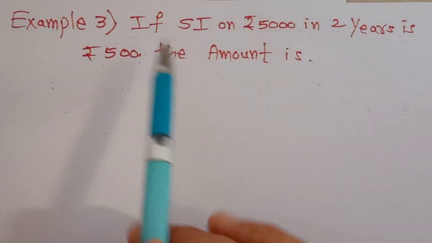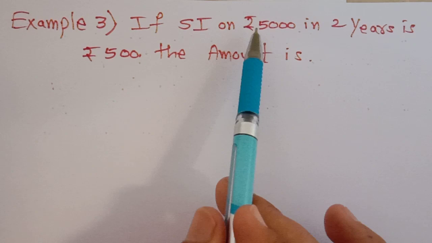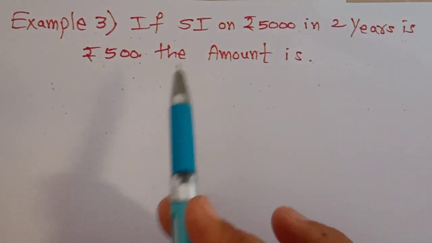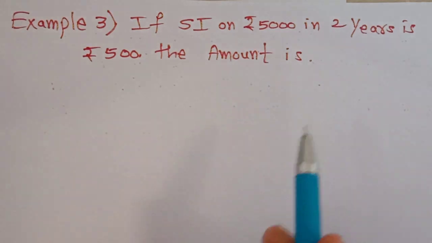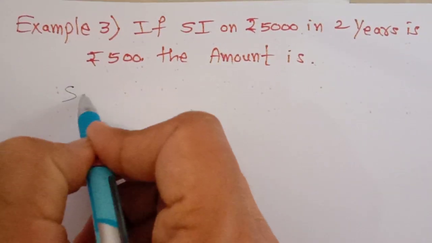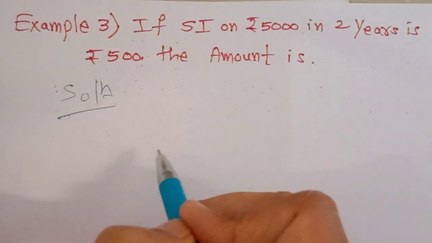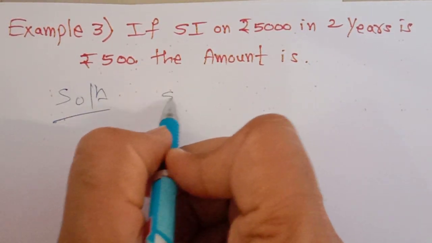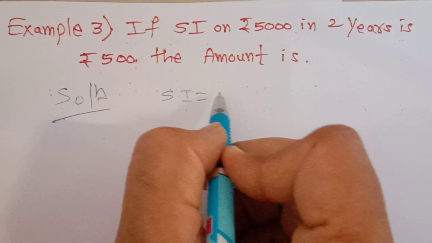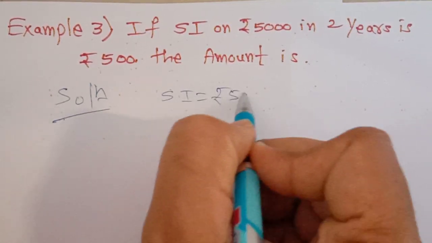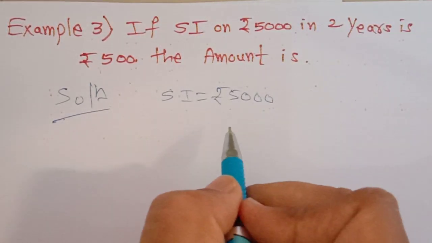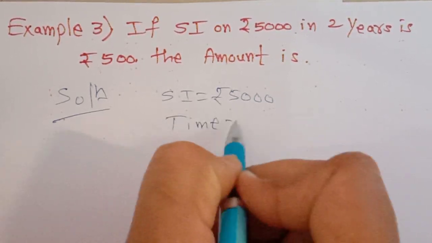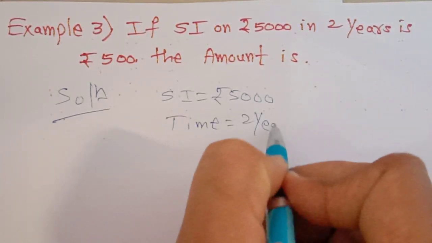So let's see. If SI on rupees 5,000 in 2 years is rupees 500, the amount is? So students, it's very simple. Here they have given simple interest. What they have given, we have to write first. It's 5,000 rupees. And the time they have given is 2 years.